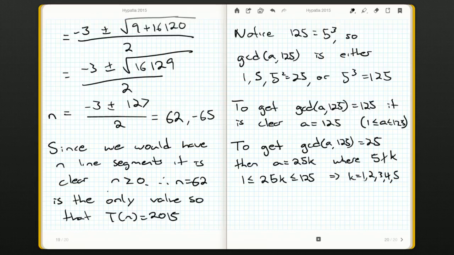This corresponds to 25, 50, 75, 100, and 125, but this last one doesn't count. So we're going to have exactly 4 copies of 25 in our sum. So already we have 125 plus 4 copies of 25. Well, already we know that P of 125 is at least 225. 100 plus 125.